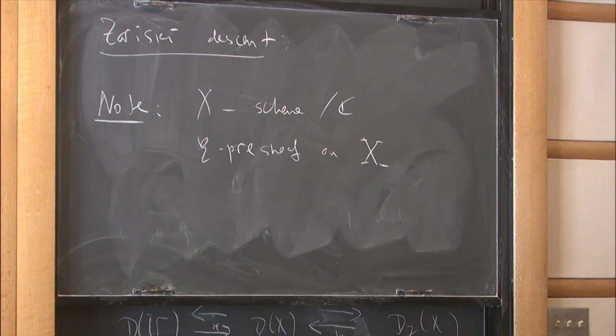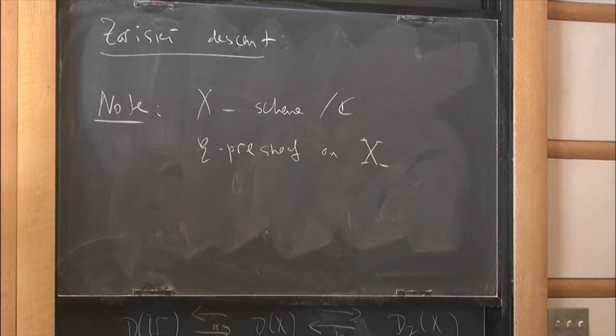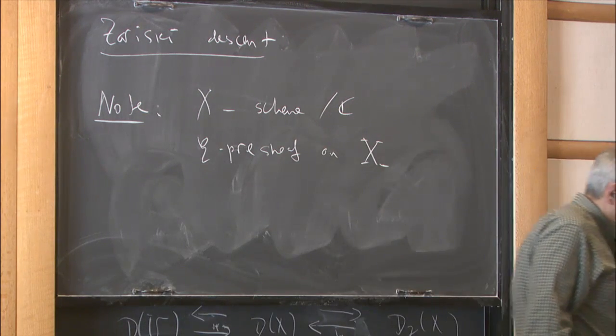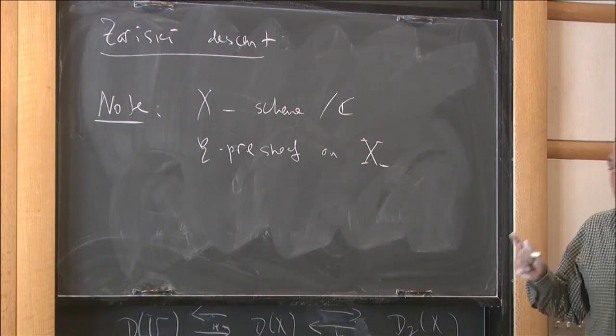So this notion of descent doesn't really translate into non-commutative localization. But there is a kind of dual notion of descent for sheaves which are quasi-coherent sheaves of O-modules.